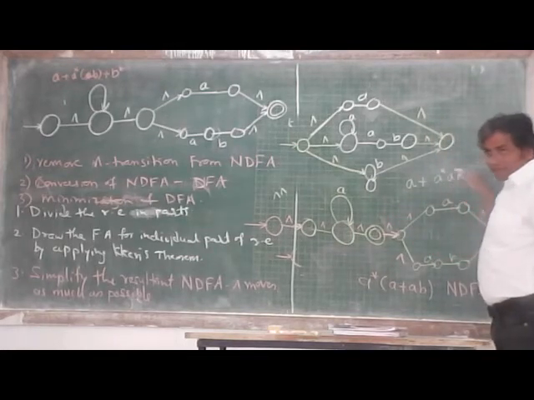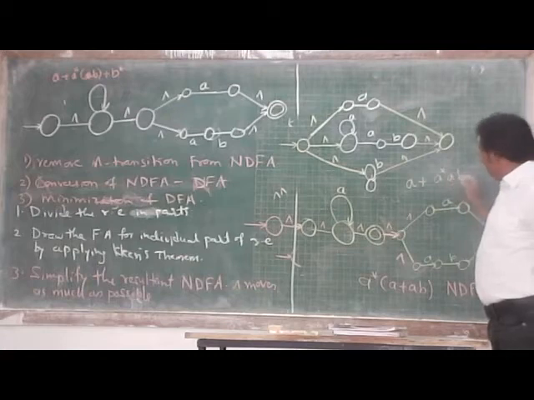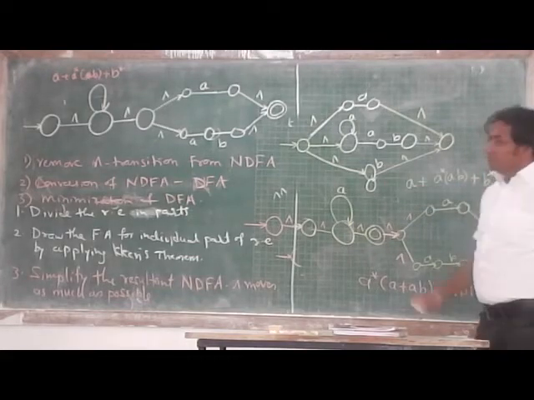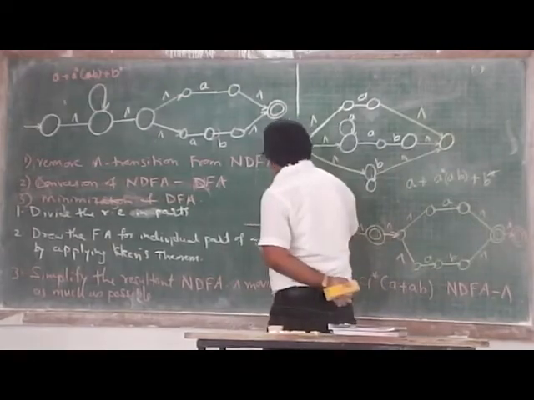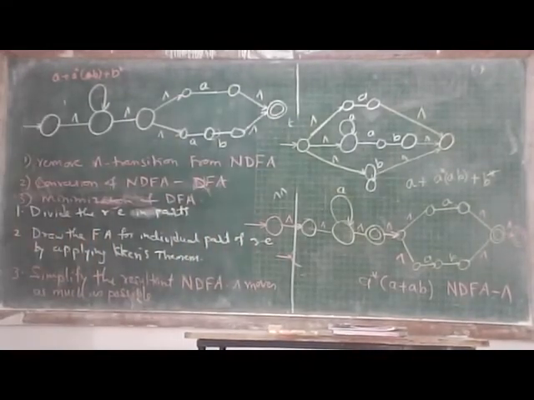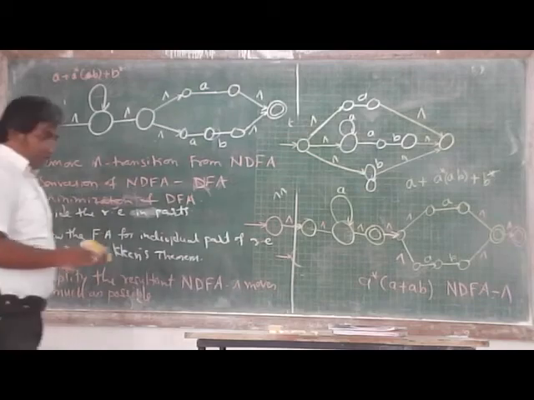AB or AB bracket into bracket both are same. I can consider AB bracket and plus what plus? B star. This way you can have a equivalent NDFA with null moves for a given regular expression. So by having this kind of direct method, shortcut method, you can move on.